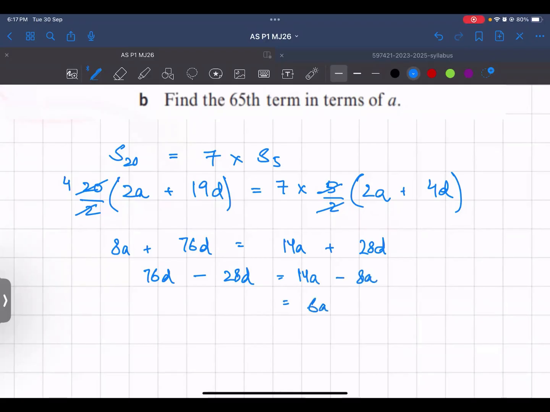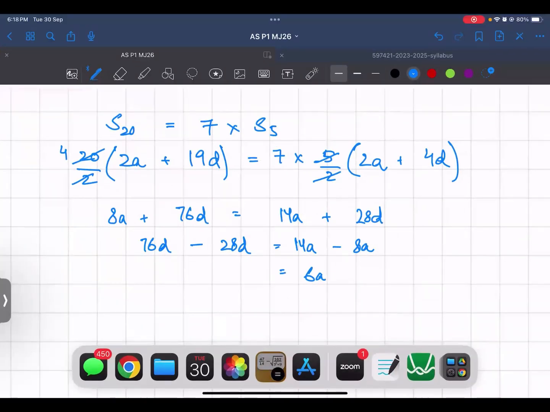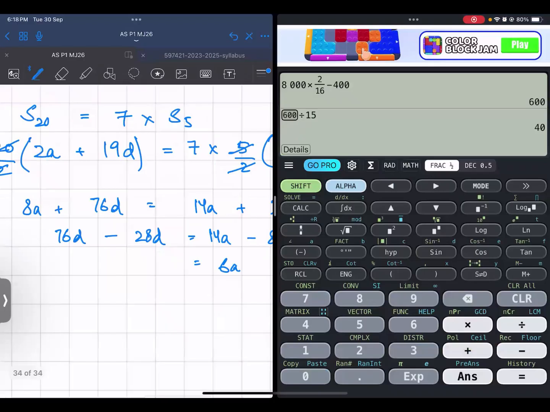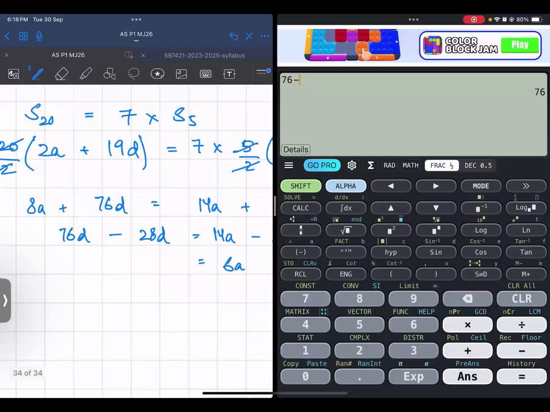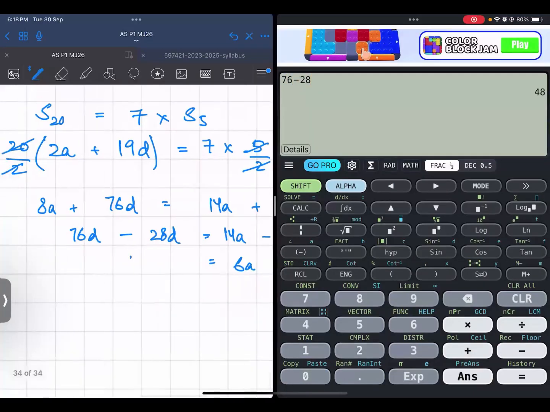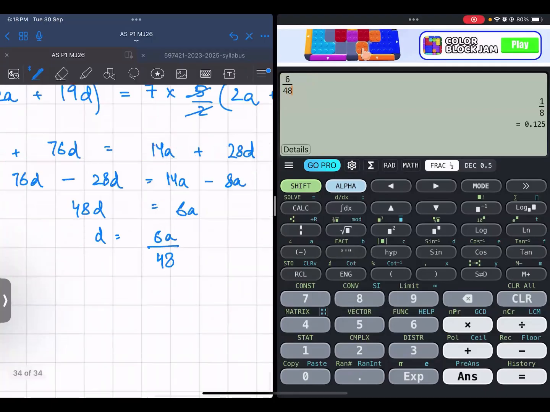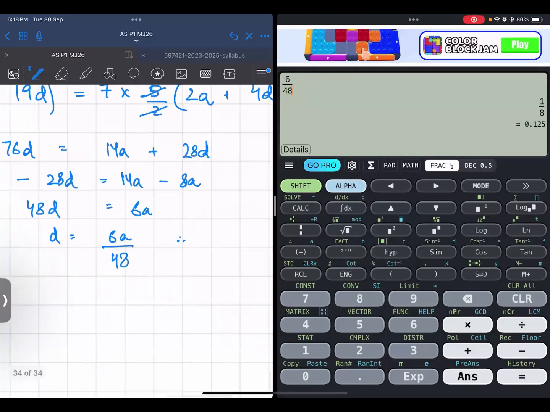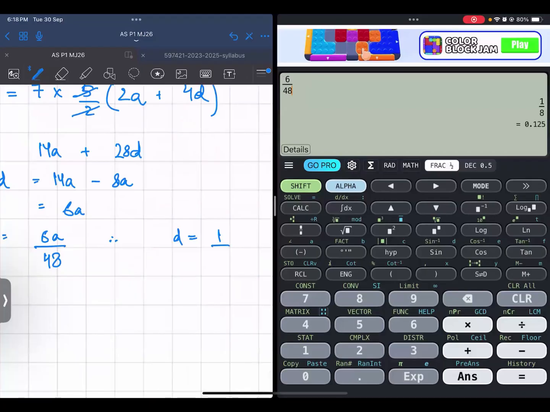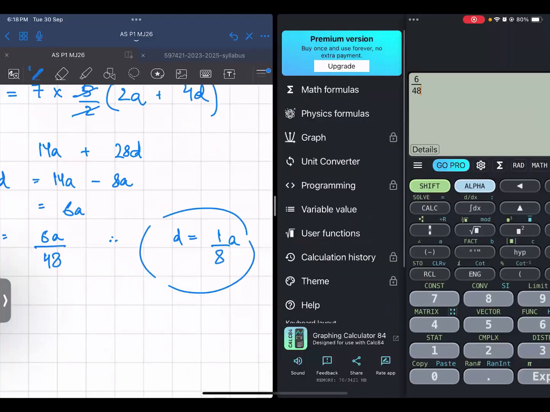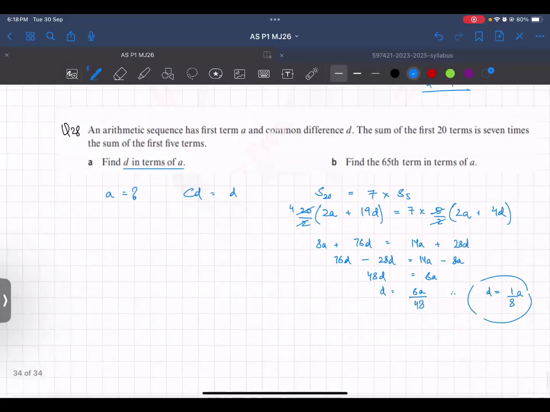That should be 6A, and this would be 76 minus 28, 48D. And so your D would come out as 6A upon 48, 1 upon 8 A. This is the answer to your first part.